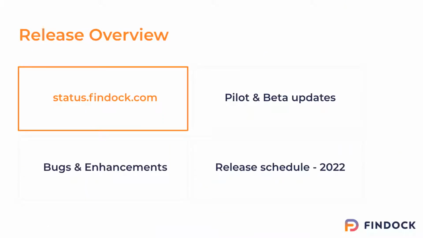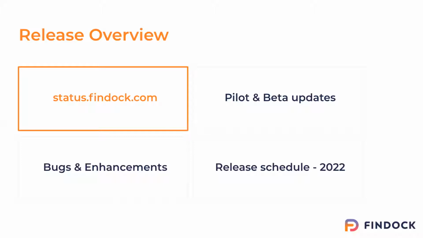For this release, there are 4 highlights I'd like to go over with you. The first one is we introduced status.findock.com. Then I'd like, one last time, to recap the auto collect and the data quality validation functionality and show you why we see it's important for you, and share something about SEPA Credit Transfer.